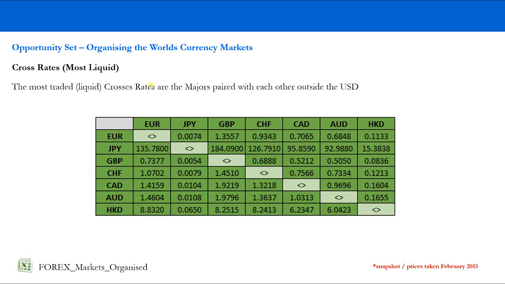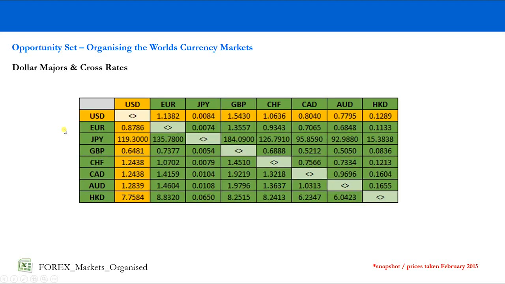So, for example, we have here the Canadian dollar quoted against the rest of the major currencies. So the Canadian dollar here buys 95.859 Japanese yen. And this is the table, when you combine the whole lot, that you're going to see all the time in general media outlets, the dollar majors and the cross rates.